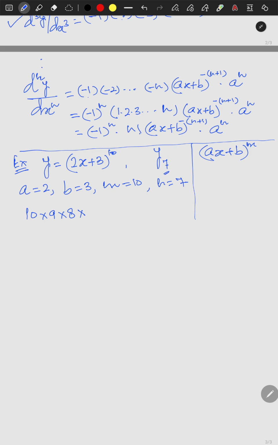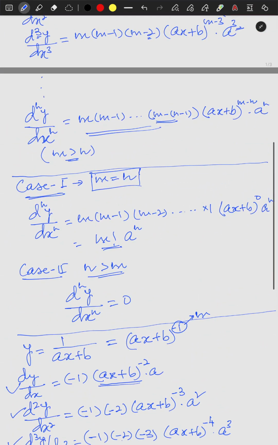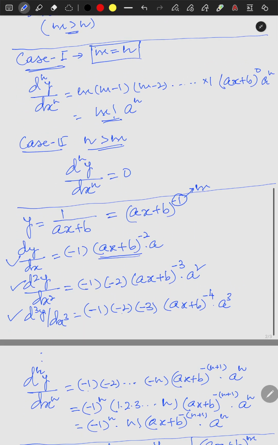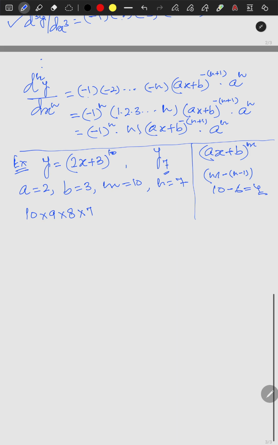And at last, we have to continue up to m minus n plus 1. Here m is equal to 10, so this is 10 minus 7 plus 1, which is 4. So we have to continue up to 10 into 9 into 8 into 7 into 6 into 5 into 4.